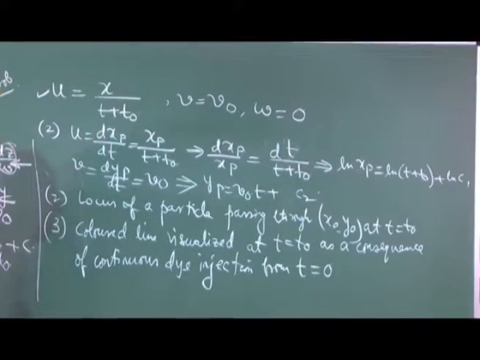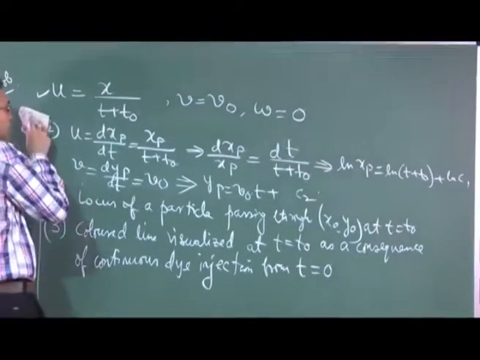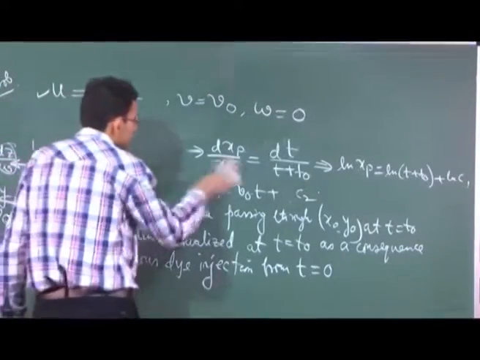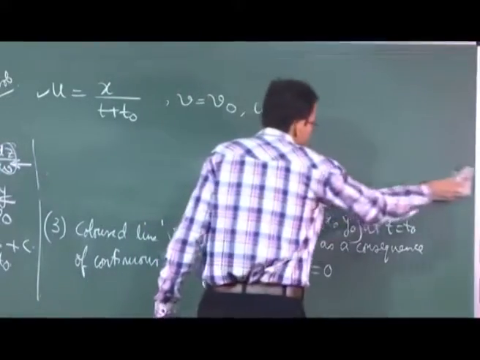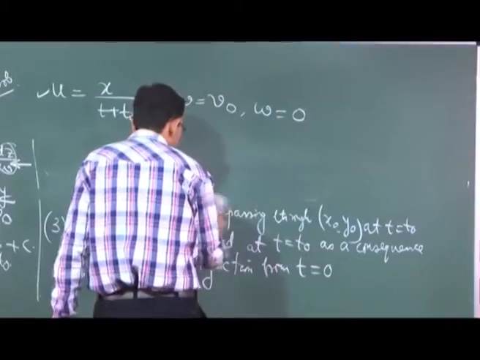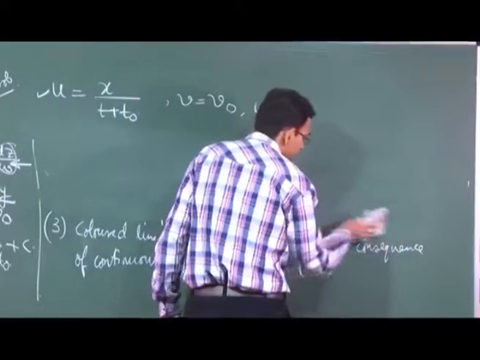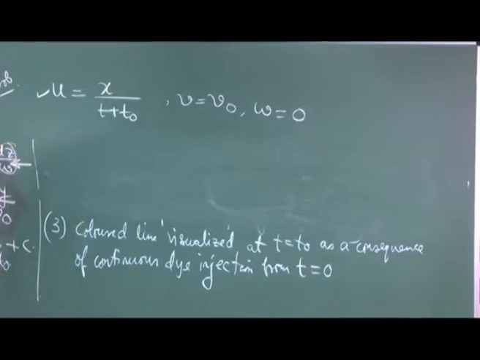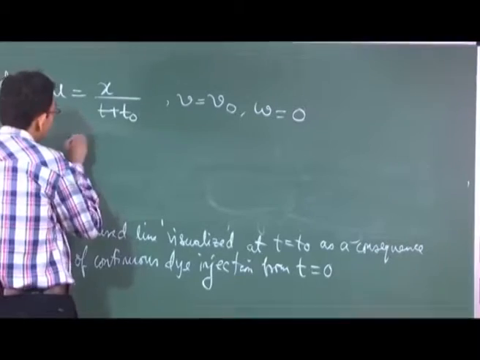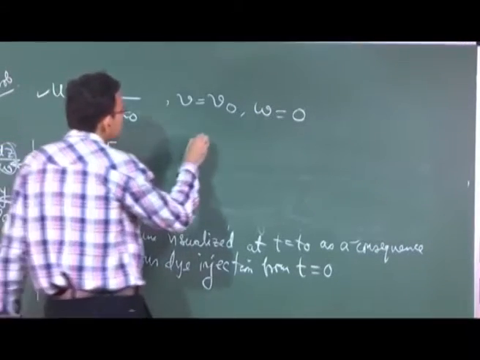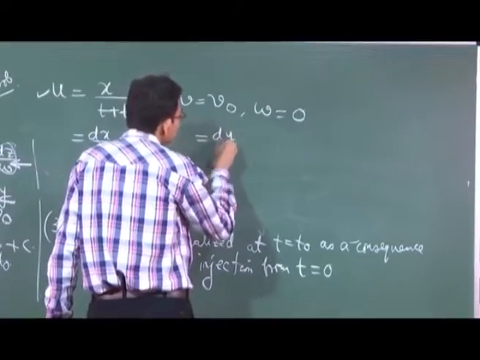The third part of this problem is the most interesting part. The second part is essentially the path line, and the third part, as per the basic definition, is the streak line. You can still write u equal to dx dt and v is equal to dy dt.